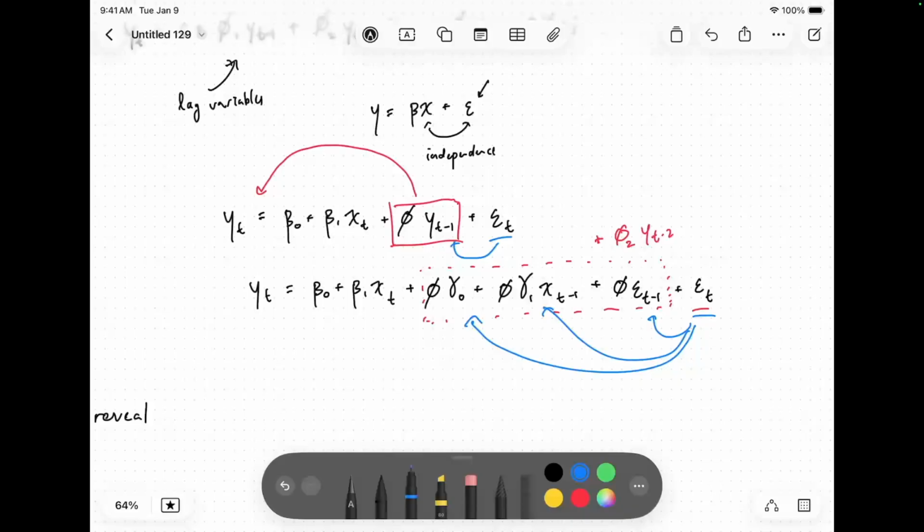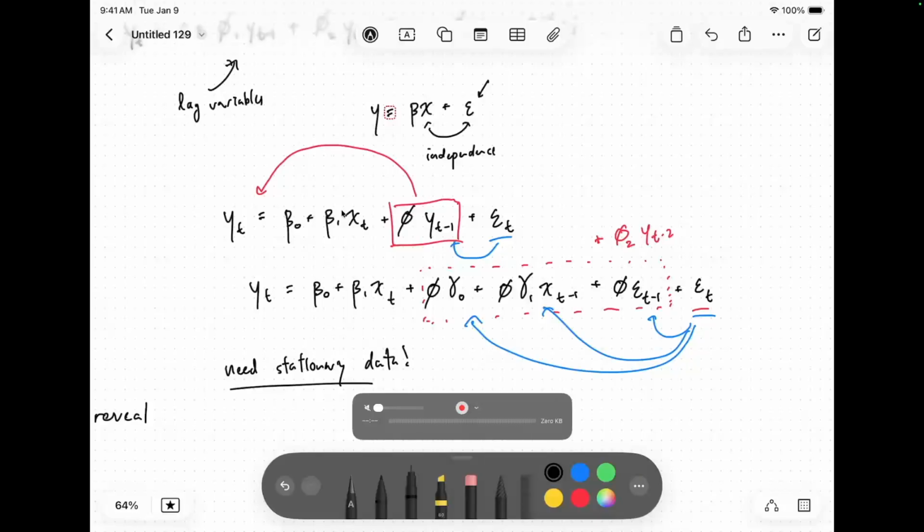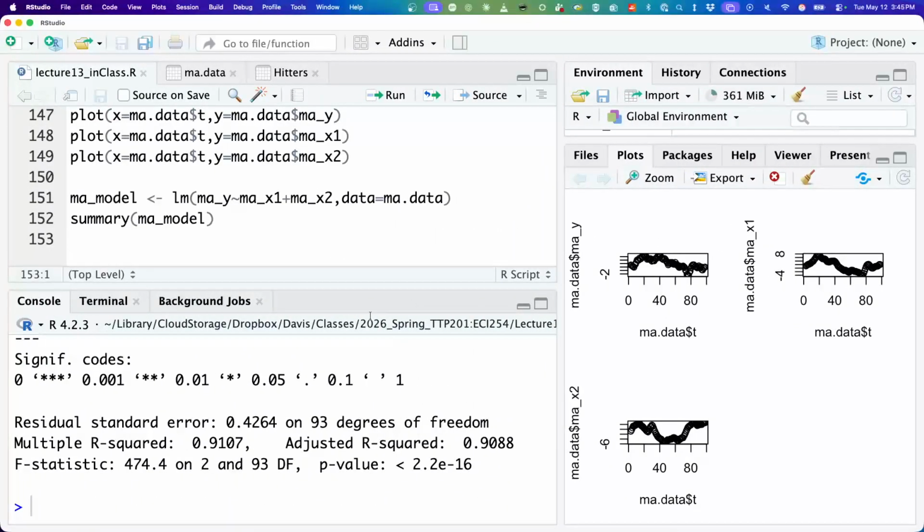Okay. And note here, for our autoregressive model, we need stationary data. Fortunately, some of the packages that are built in will essentially do that for you.